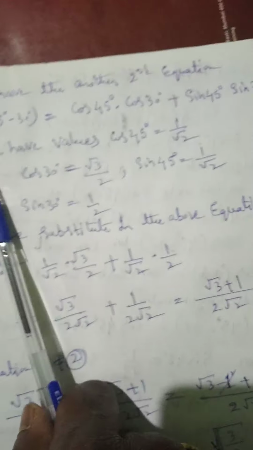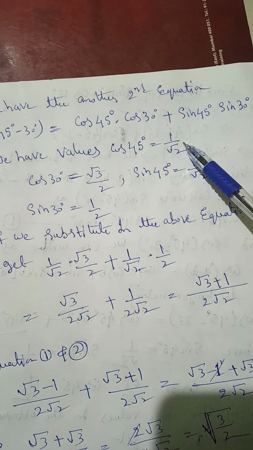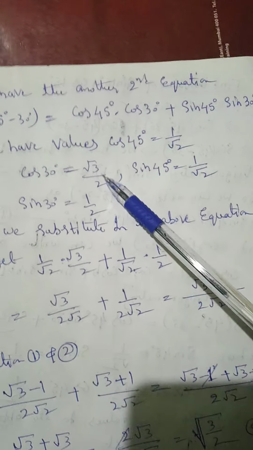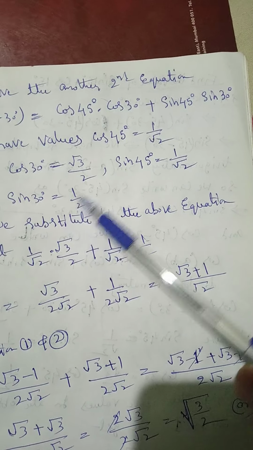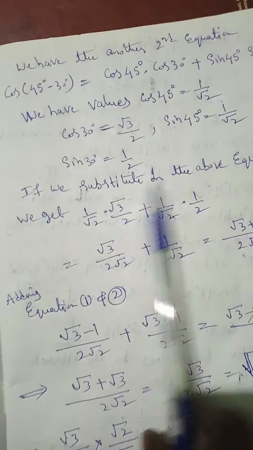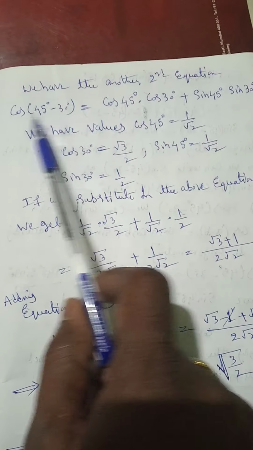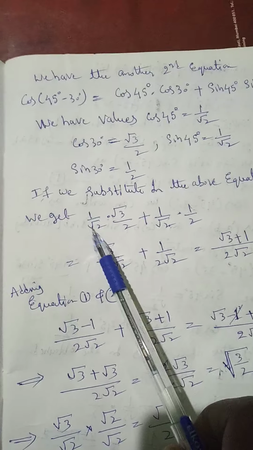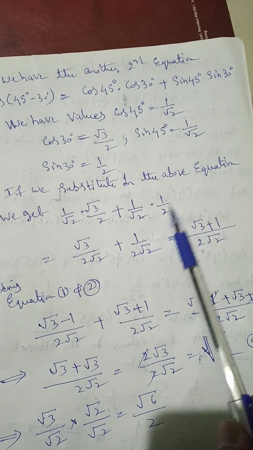Okay, so we have the values: cos 45 is 1 by root 2, cos 30 is root 3 by 2, sin 45 is 1 by root 2, and sin 30 is 1 by 2. If we substitute these values in this equation, we get 1 by root 2 into root 3 by 2 plus 1 by root 2 into 1 by 2.